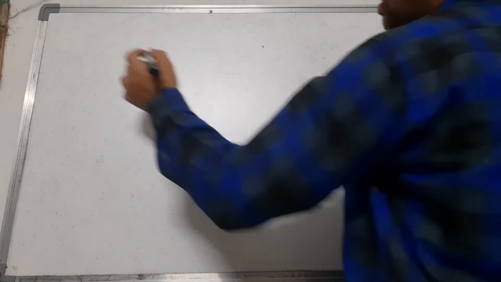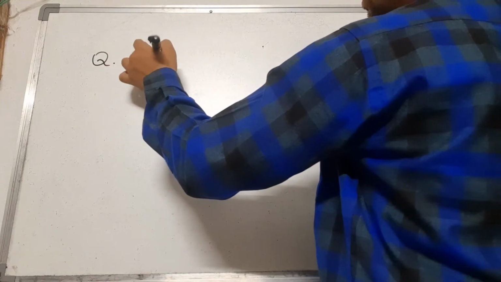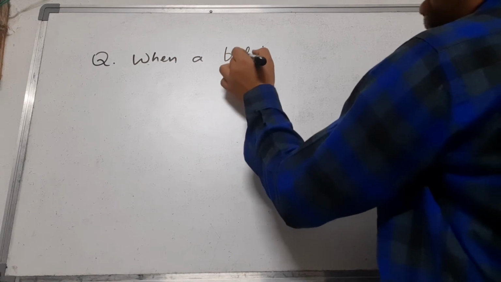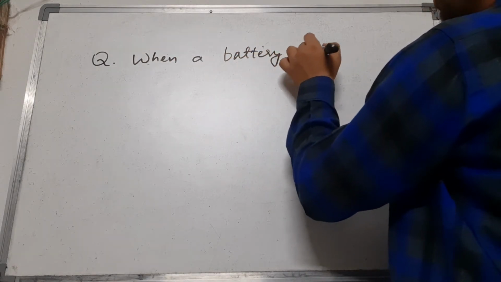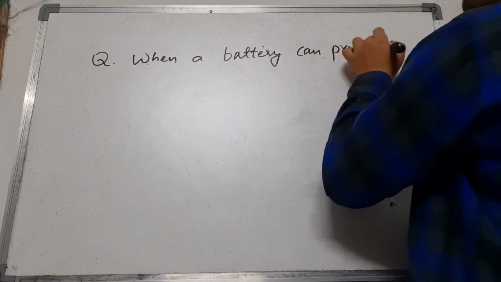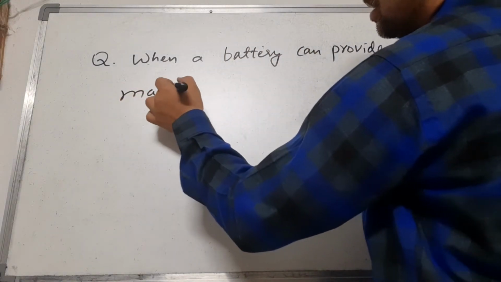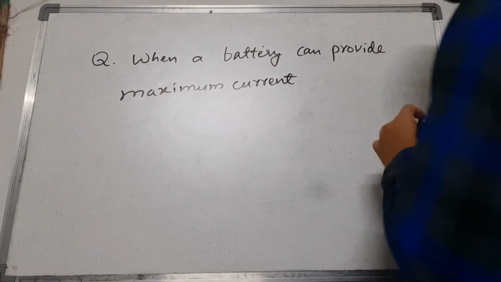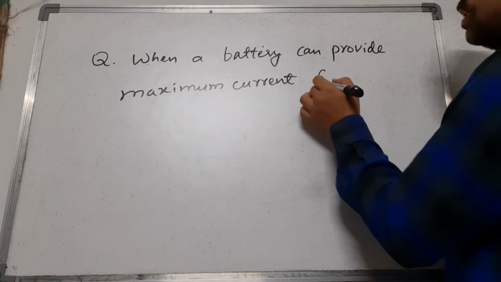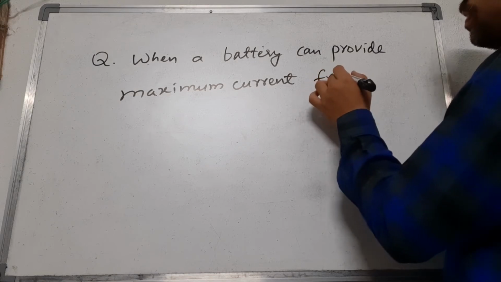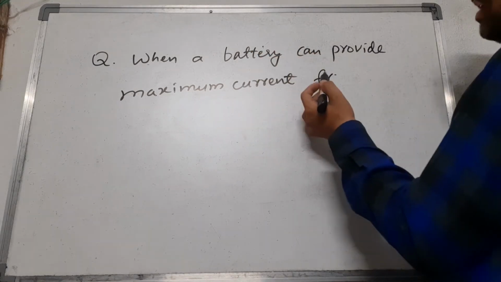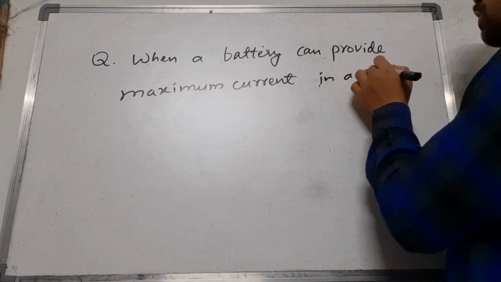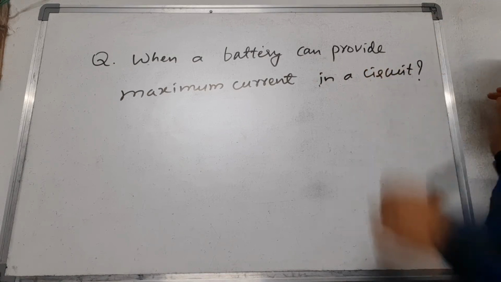So the question is, when a battery can provide maximum current from it. When a battery can provide maximum current in a circuit. Okay, this is the question.